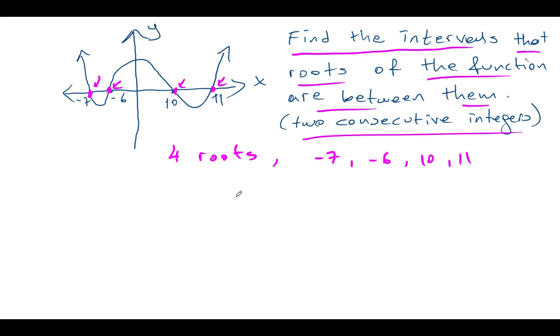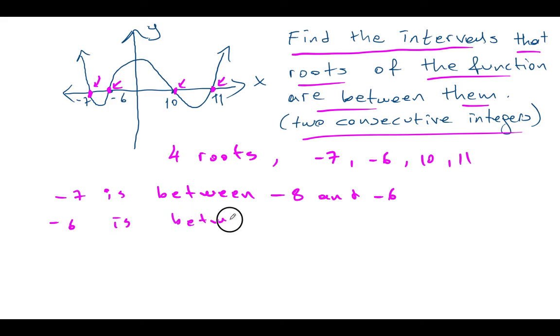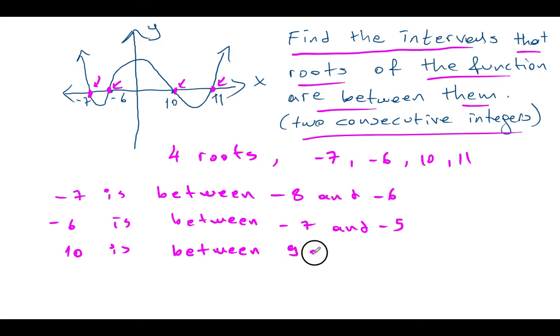So if I want to write two consecutive integers, I can say that -7 is between -8 and -6, and -6 is between -7 and -5, and 10 is between 9 and 11, since I am looking at consecutive integers, and 11 is between 10 and 12.